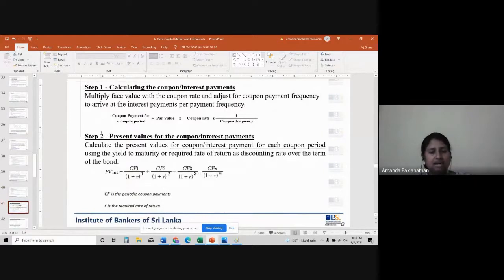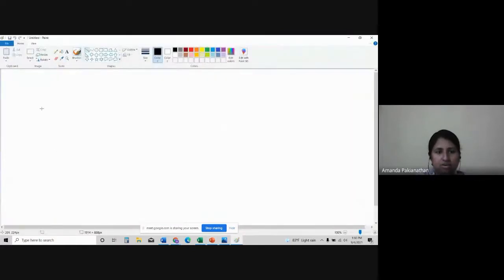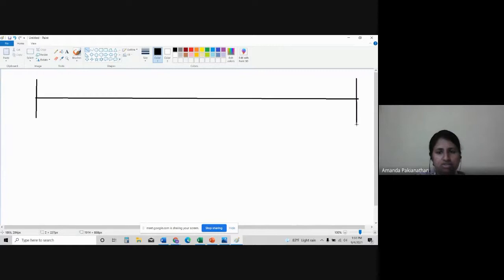For that, you will have 4 steps in calculating. If you take the bond, let's say this is your investment date or the issue date of that bond. This is going to be the maturity date, let's say 2026.